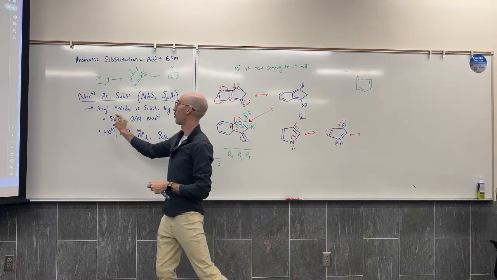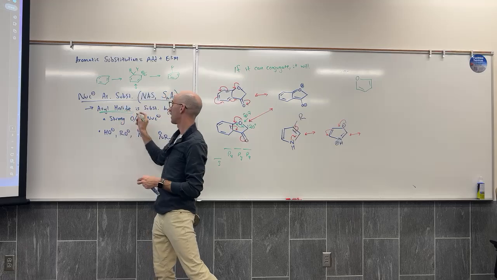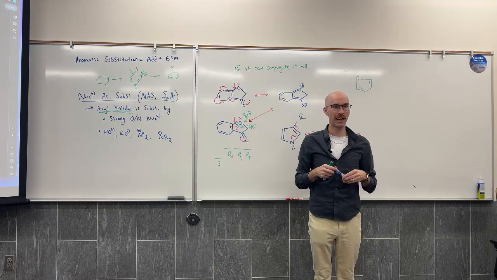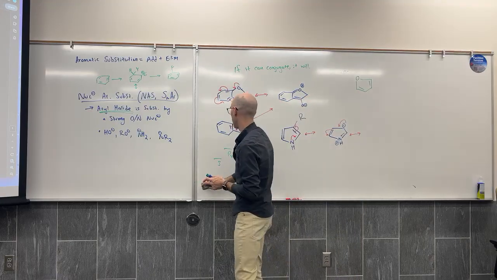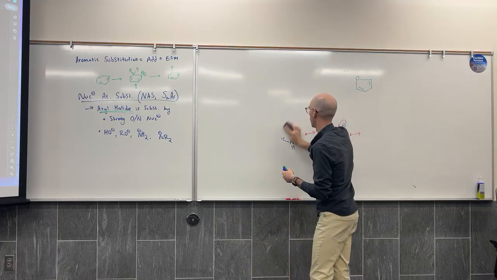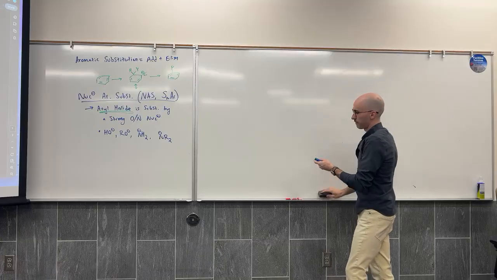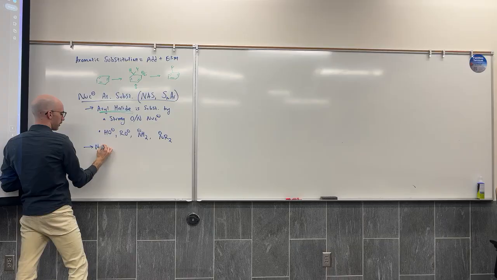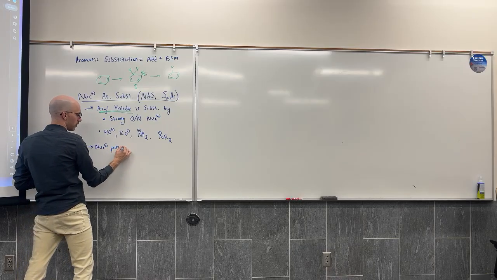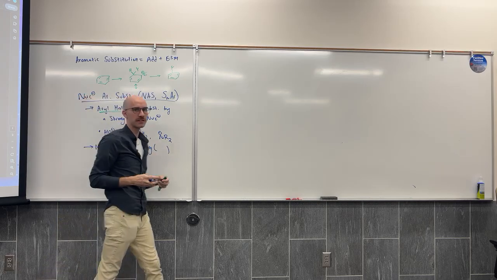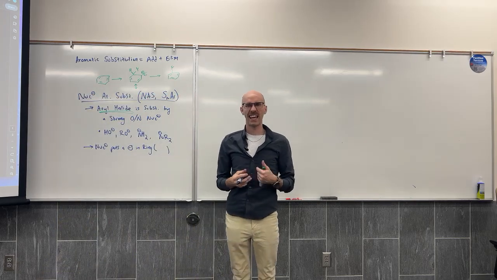Okay, I want you to also pay attention. This must happen with an aryl halide. Benzene itself will not go through NAS. Bromobenzene, chlorobenzene, they will go through NAS. Last thing about this, the nucleophile puts a negative charge in the ring, which means the ring acts as an electrophile.